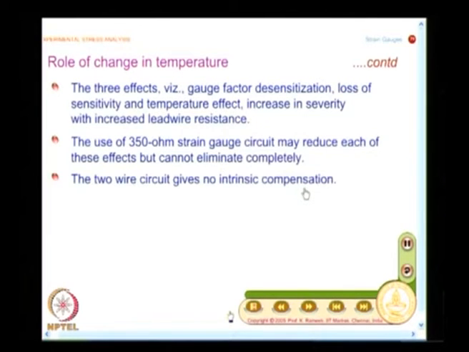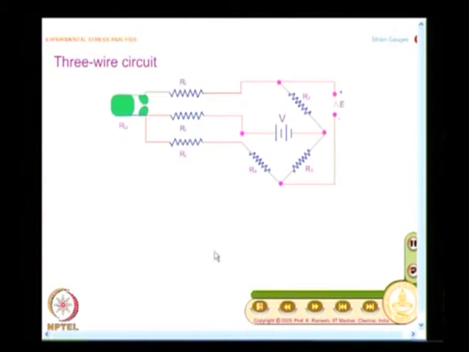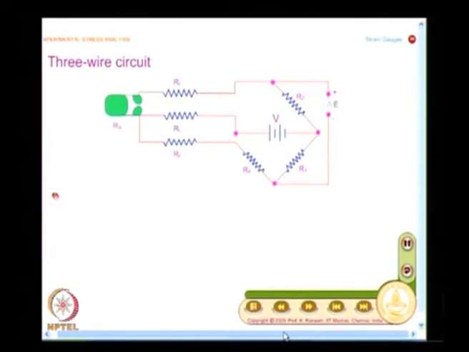So, before we find out a remedy, we should understand what is the problem. Now, we have understood reasonably well what is the problem caused by a 2 wire circuit. The via media to overcome this is a 3 wire circuit.